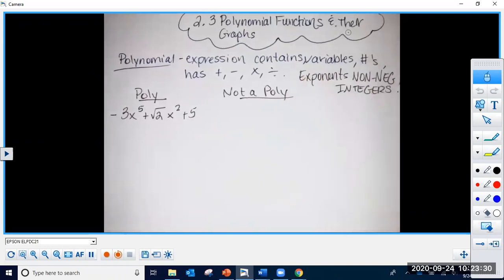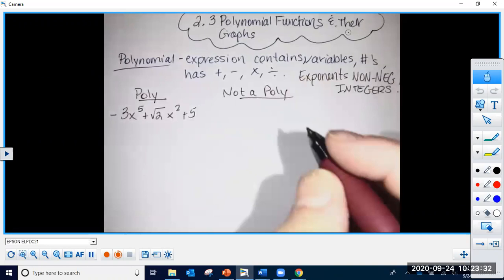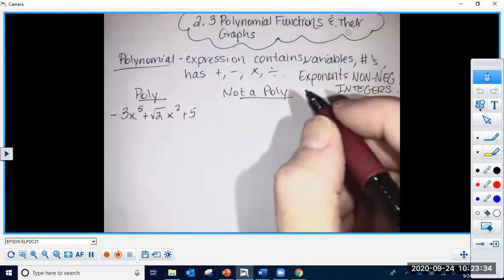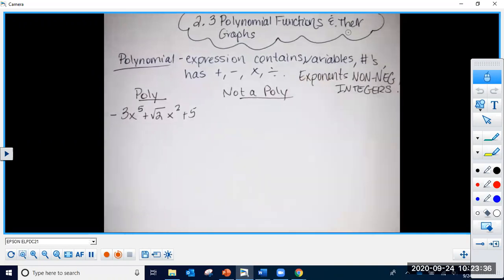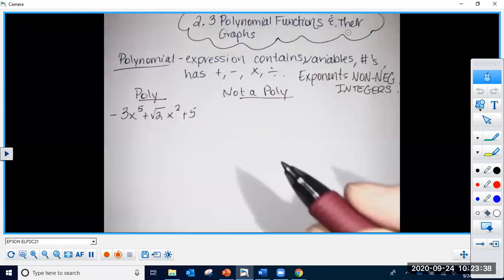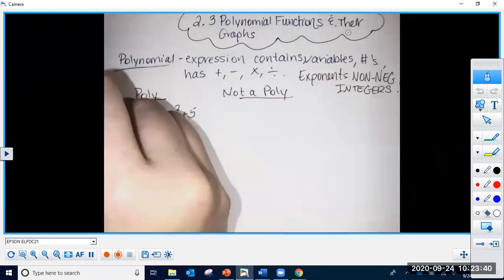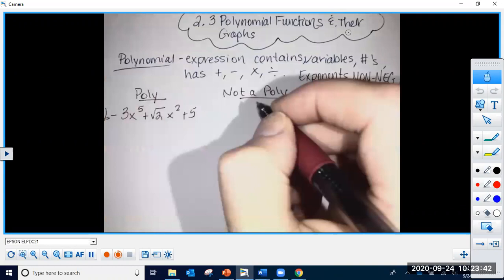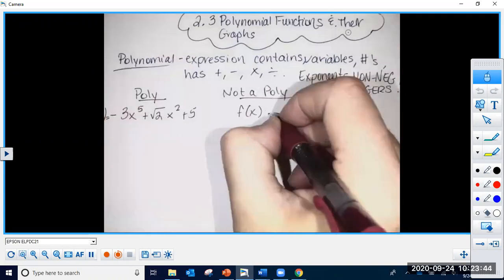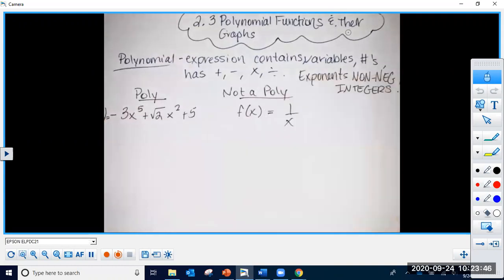Something that is not a polynomial, you guys, and this is actually what we're going to get to graph in 2.6, is a rational function, which looks like this. And I'll put f of x or y to indicate it's a function. But let's say I've got this function, f of x equals 1 over x. Somebody tell me what your exponent of x really is.